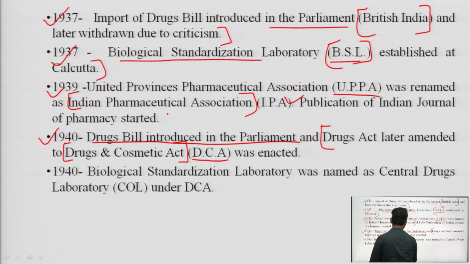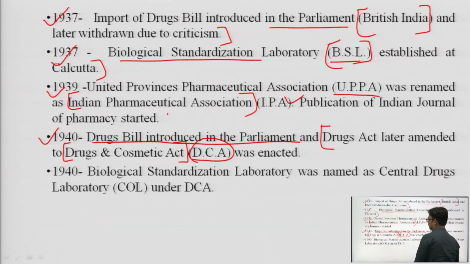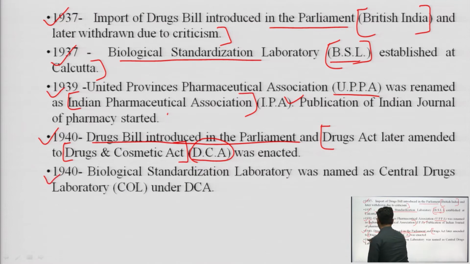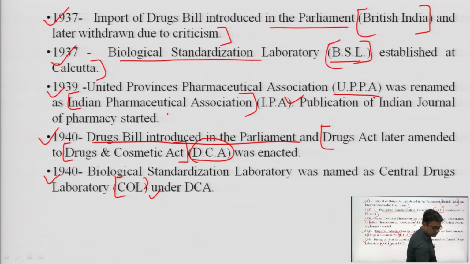So this is the time when the Drug and Cosmetic Act was introduced, in 1940. In 1940 itself, the Biological Standardization Laboratory was named the Central Drug Laboratories under the DCA, Drug and Cosmetic Act.